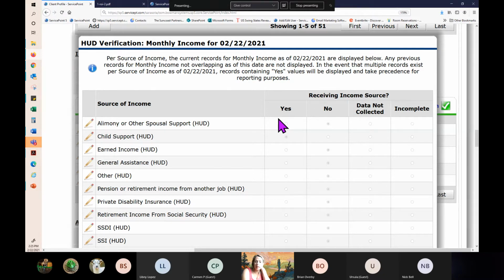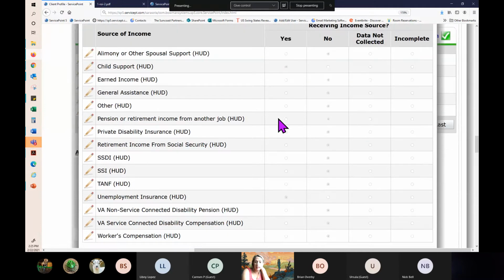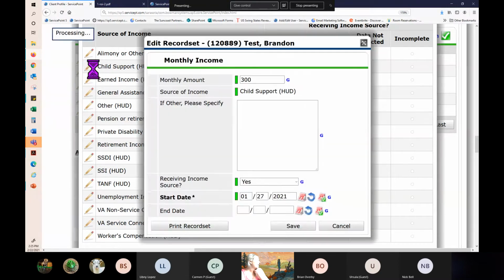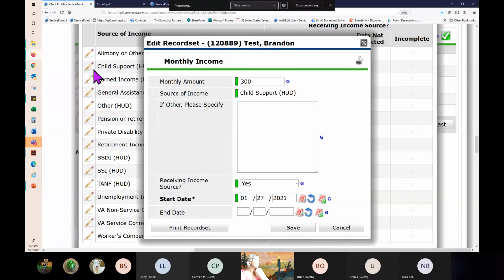We're going to go down this list to ensure that we are providing the most complete, current, consistent, and correct information. From here, we see child support. The client indicates he does currently receive child support in the amount of $360. We can click this pencil and review this information.